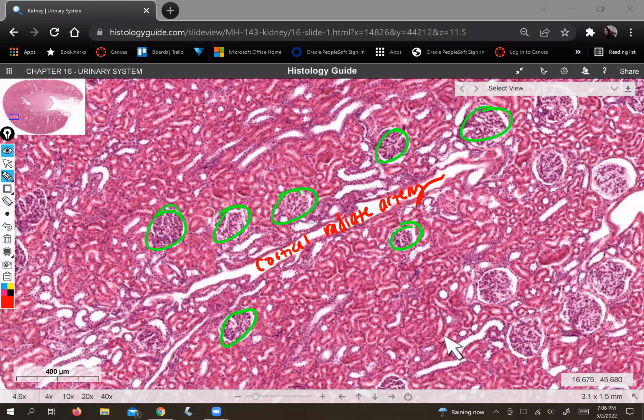So there's one. If this is the branch, here's a little stem. That's probably going to this guy. So again, the corpuscles are going to be the fruit. And then if we look over here, we can see another branch. We're not sure where that's going, but given that it's nearest to this one, it's probably headed that way.